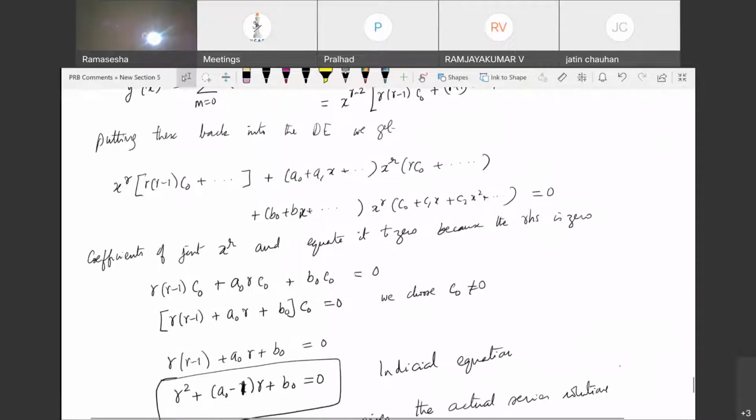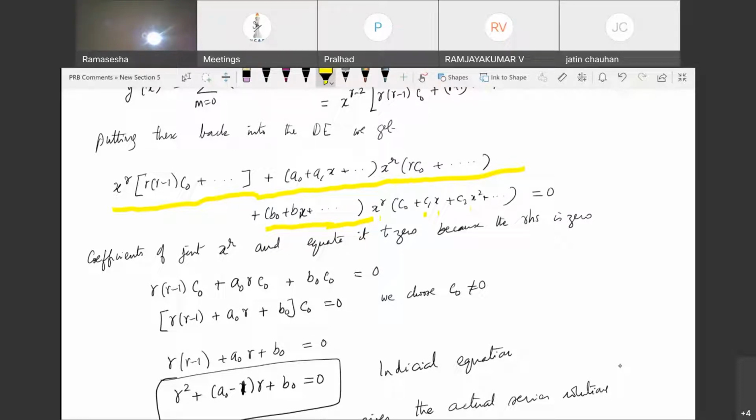What we get is something like x to the power r times r(r minus 1) plus a0 plus a1 x, times x to the power r c0, etc. And similarly, we have b0 plus b1 x plus b2 x squared, etc., times x to the power r, c0 plus c1 x plus c2 x squared.